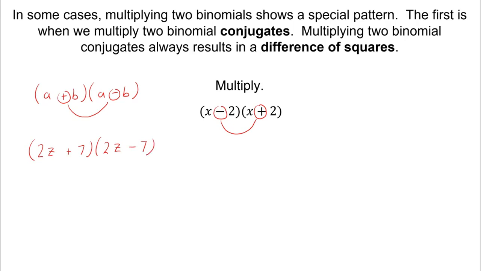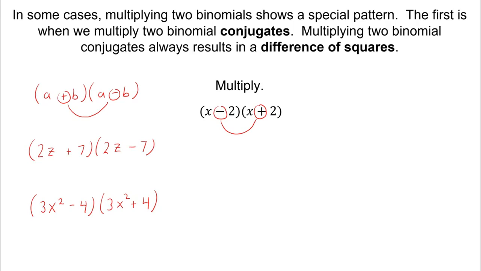Those would be two binomial conjugates. So take a second and think about it, maybe even pause the video and see if you can tell me what the conjugate of 3x squared minus 4 is. Yep, that's right. The conjugate of 3x squared minus 4 would be 3x squared plus 4.